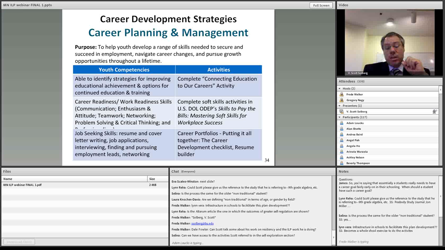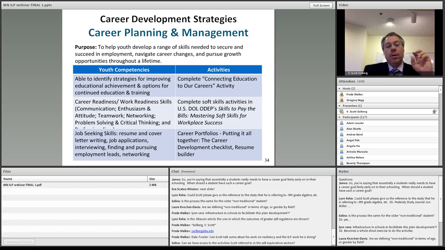Let's see. And then the career planning and management. And this is just an absolutely huge area. Anything you want to talk about that relates to something we've not talked about that you know is related to success probably fits under career planning and management. So it is the ability to do public speaking. It is the ability to think strategically about one's financial plans, and about whether the 2-year or 4-year is the better economic decision I need to make.